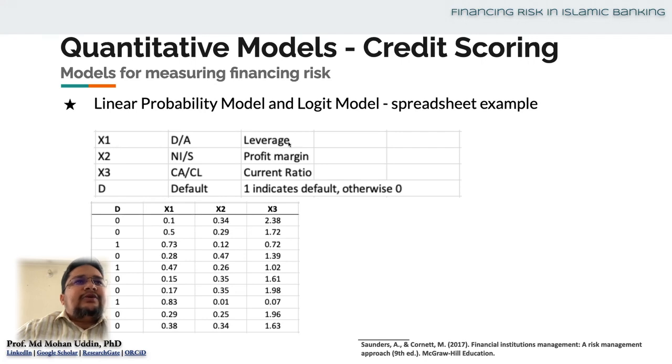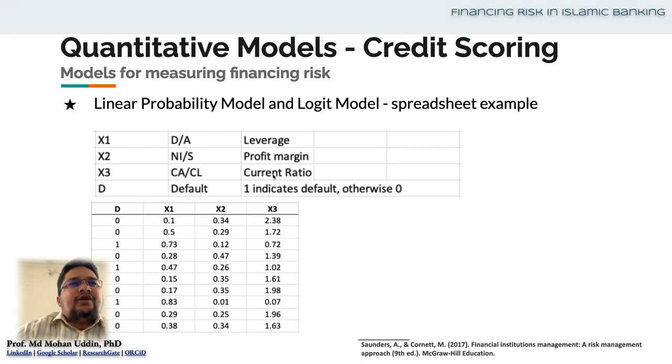One is the leverage, represented by debt over asset, total debt divided by total asset. We give it the notation X1. Then the second factor is profit margin, that means simply net income divided by sales. That means it is net profit margin actually. We are representing it with the notation X2.